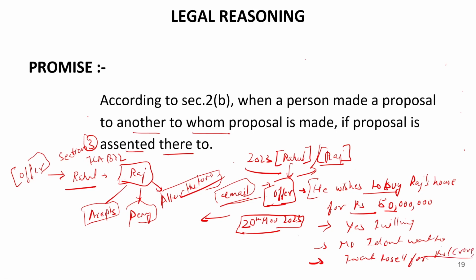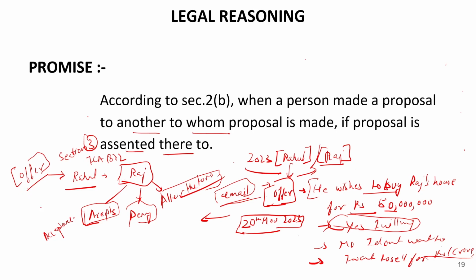In the first instance, it is clear that once the offer has been made by Mr. Rahul to Raj via email, that email communication by Rahul on 20th November 2023 is showing an offer. Now if Raj accepts, saying yes, I am willing to sell my house for rupees 50 lakhs, then this becomes acceptance.